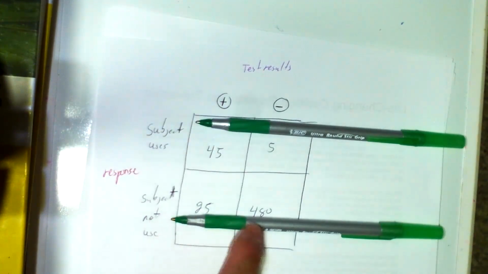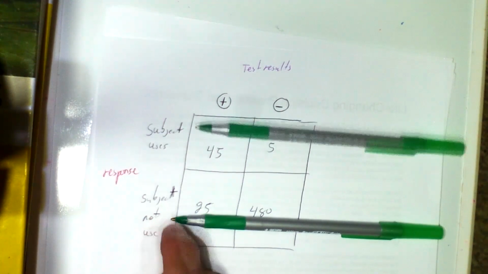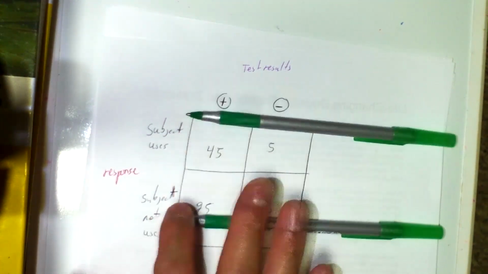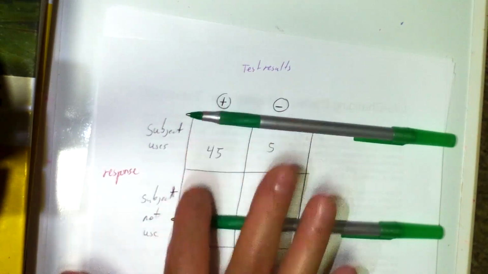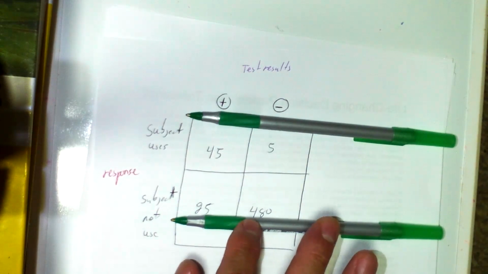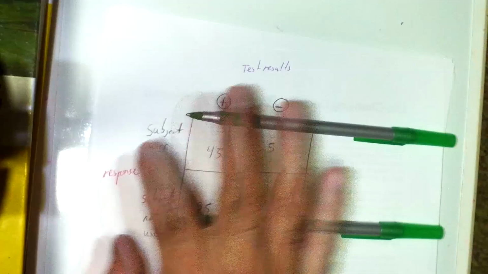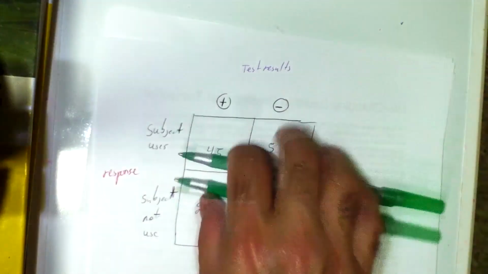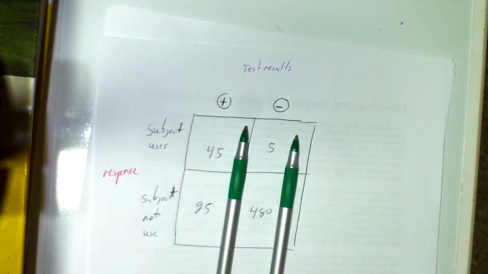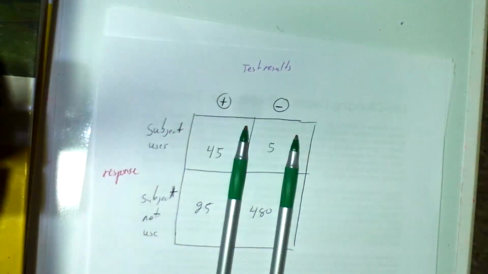This row here represents the subjects that stated that they did not use drugs, right? 25 were tested positive, 480 tested negative, right? These are rows. Response represents the rows. Test results represent columns. You may want to label them so that way you know.